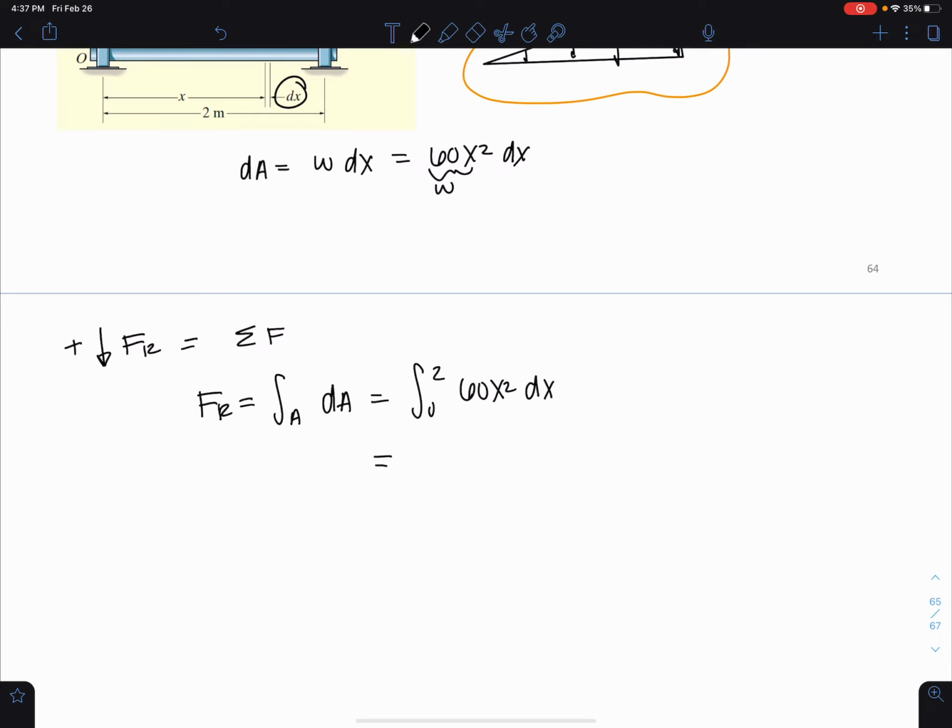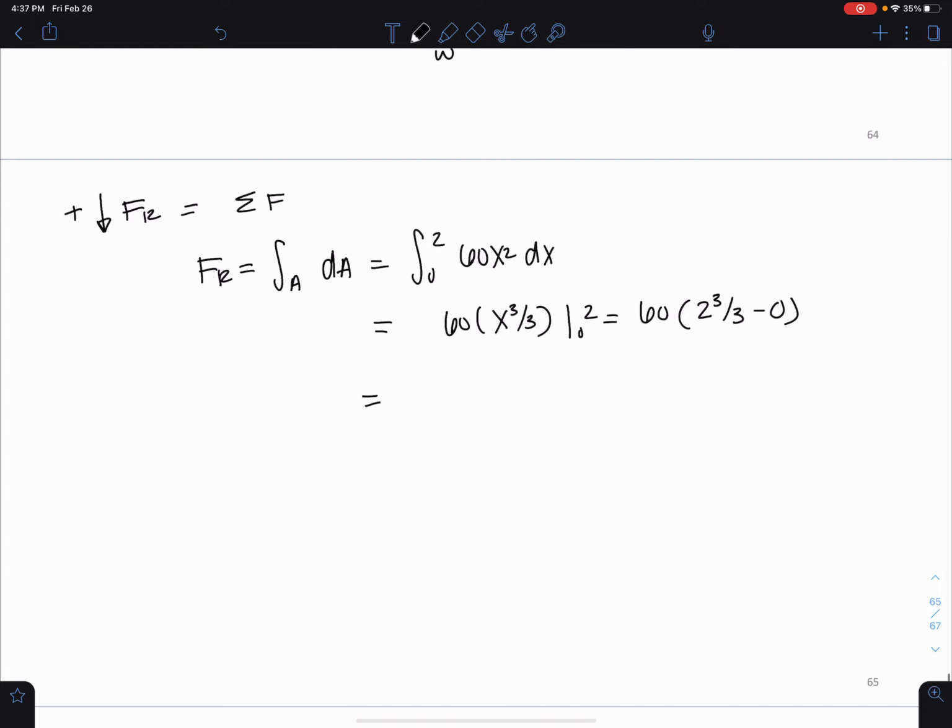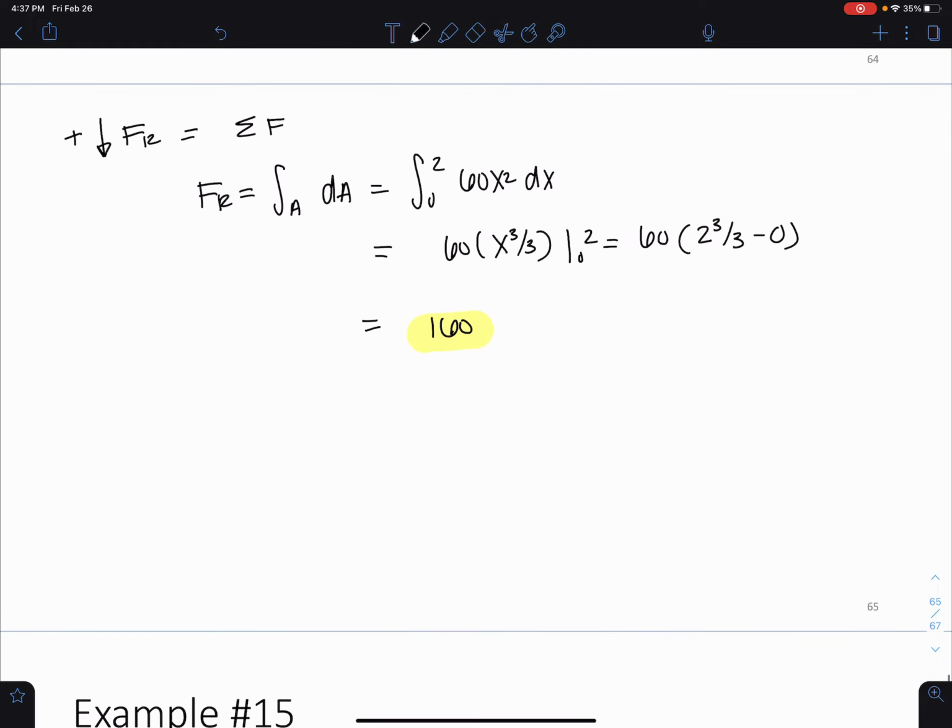I can really easily solve for this integral. It's just 60 times x cubed divided by 3 from 0 to 2. If I plug in the 0 and the 2, I get 2 cubed over 3 minus 0, and I'm left with 160.